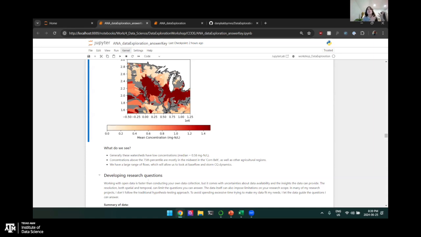If you don't have many data points in a certain area, we might not be able to infer certain things. Knowing what kind of data you're working with can help you generate not just any questions, but the right kind of questions, the questions that your data set can actually answer.